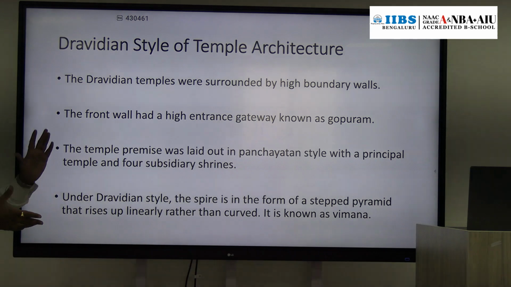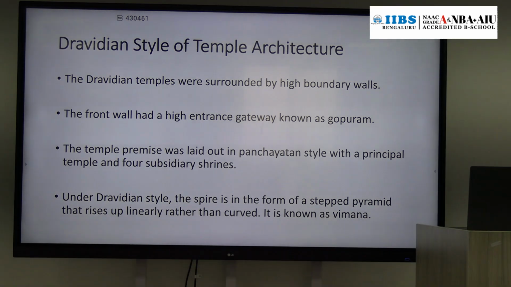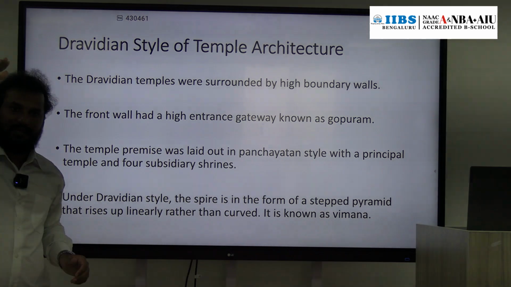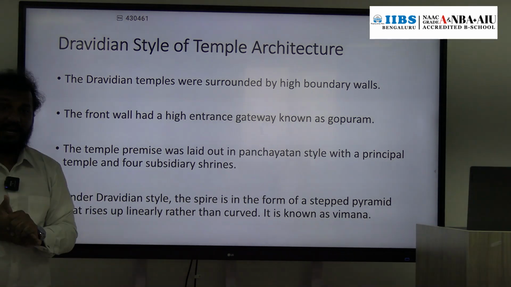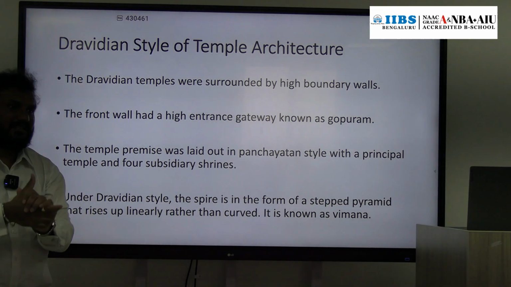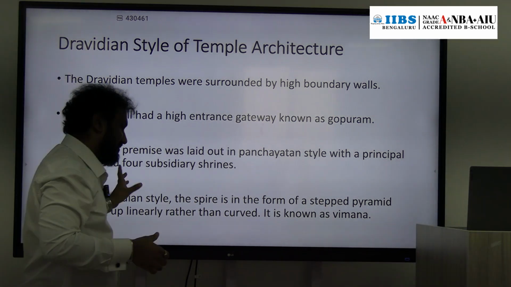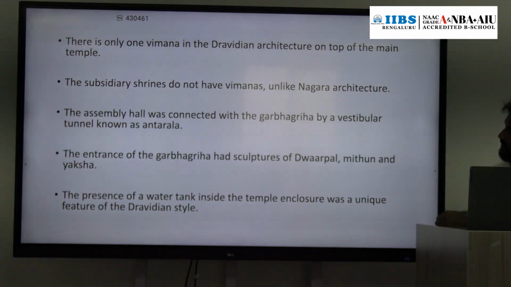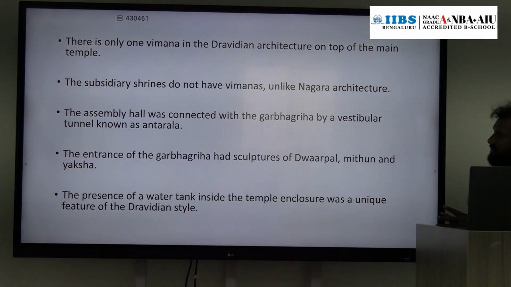Okay, and the same Panchayata style is there, main deity and 4 subshrines. And here, the top of the Garbhagriha or main shrine has a Vimana rather than a Shikhara, a stepped pyramid. We discussed that, right? Only one Vimana is there.